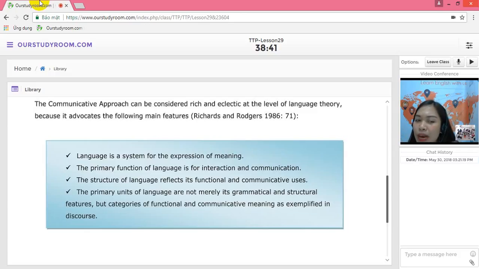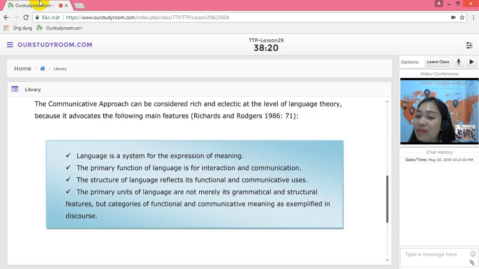Next. The primary function of language is for interaction and communication. What is this all about? Okay, I'm going to explain this, teachers, please listen. Language is for interaction.